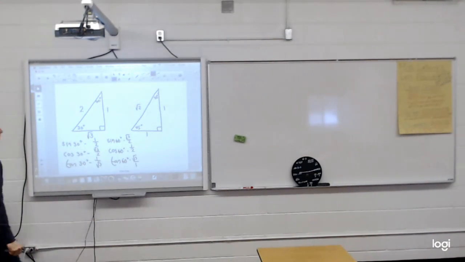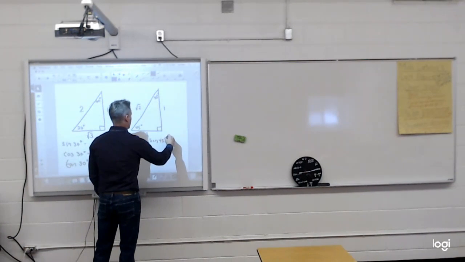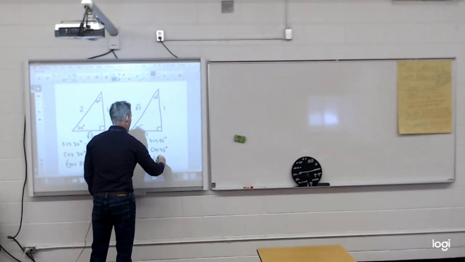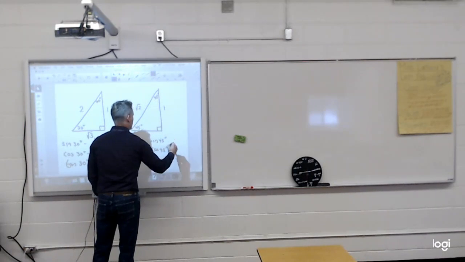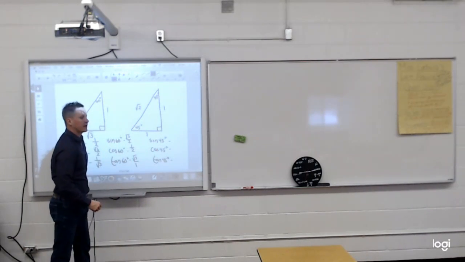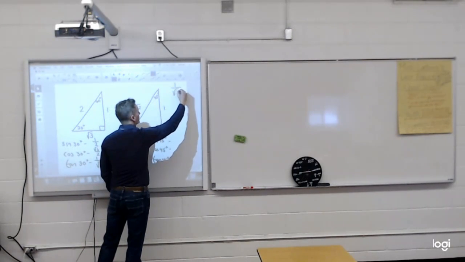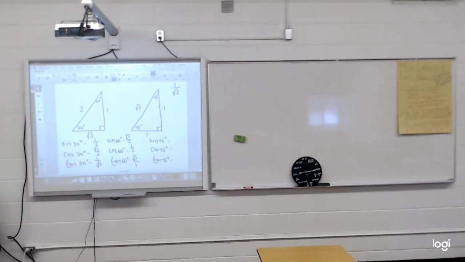So therefore, if I'm looking at the sine of 45, cos of 45, and tan of 45, the sine and cos of 45 are going to be 1/√2. Would be that, right? Now what you learned in grade 10 is that we don't like to have square roots on the bottom of fractions.